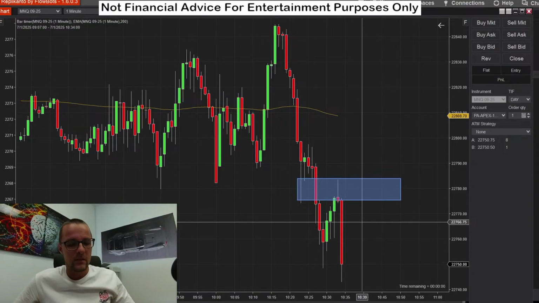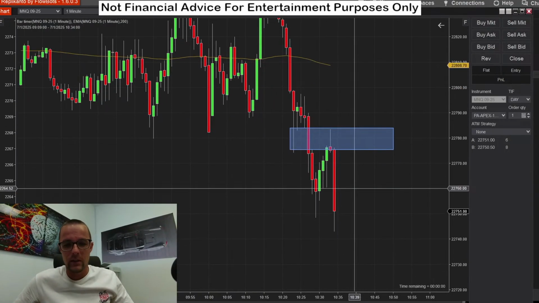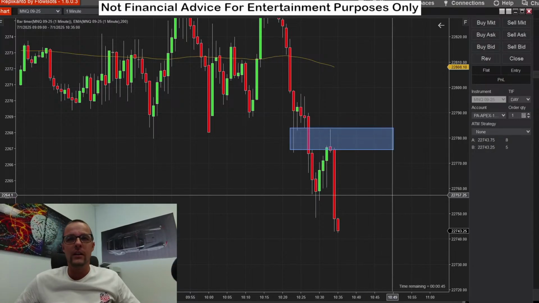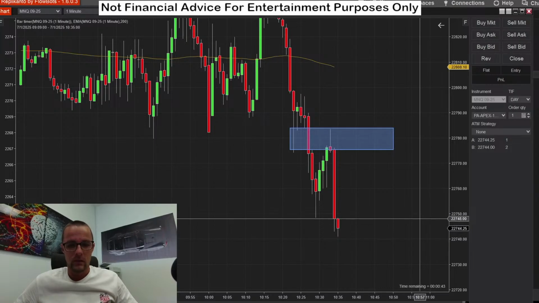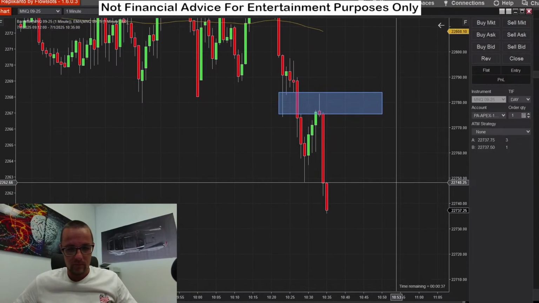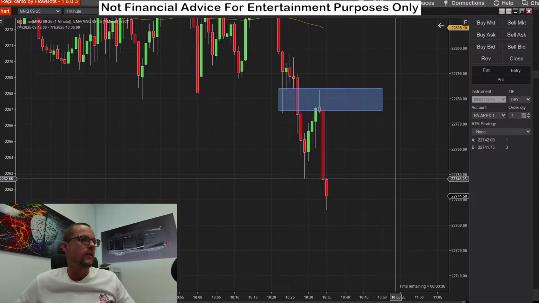That's the awesome thing about this strategy is you just don't get an entry. If it doesn't work, it doesn't work. You don't take an entry. You don't lose money. Look at that. We're dumping.